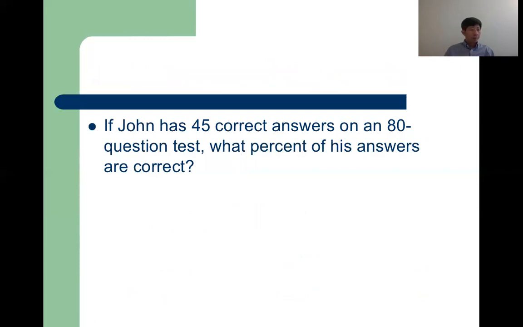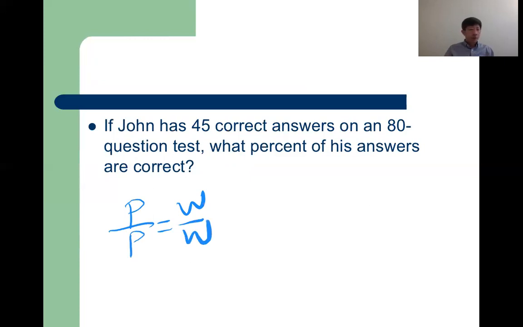Next problem. If John has 45 correct answers on an 80 question test, what percent of his answers are correct? Here, can we use method 2? Method 2 is what? Part over part is equal to whole over whole, right?